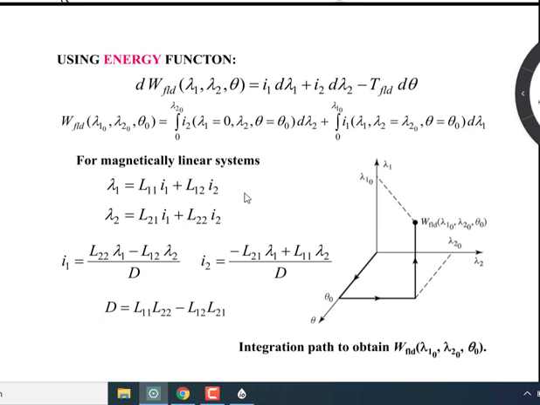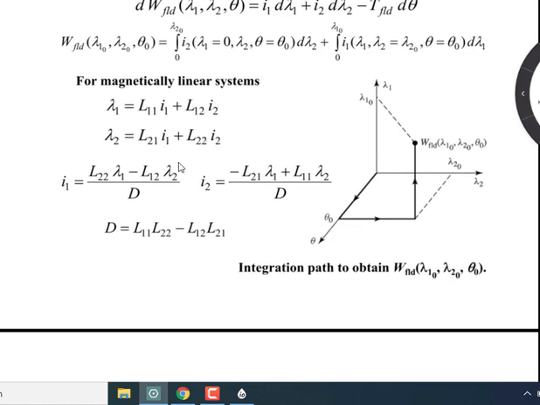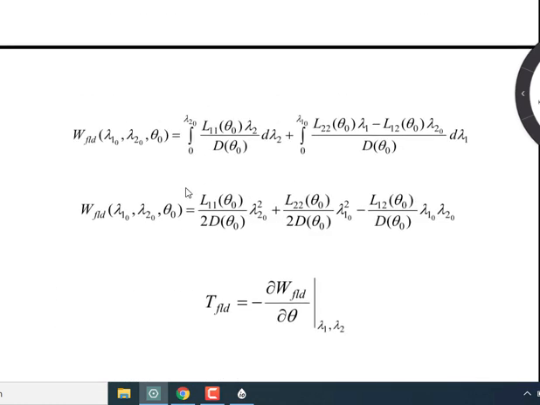So you can see here, for a magnetically linear system, lambda 1 is this much, lambda 2 is this, and we get I1, I2 from these values. With this we can find the total energy stored in our system, and that expression of total energy is this, right?